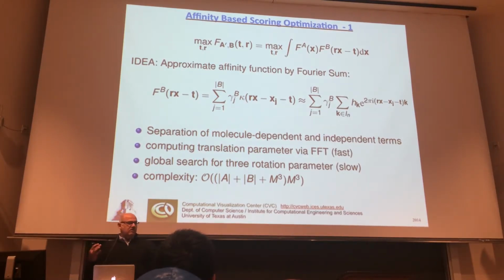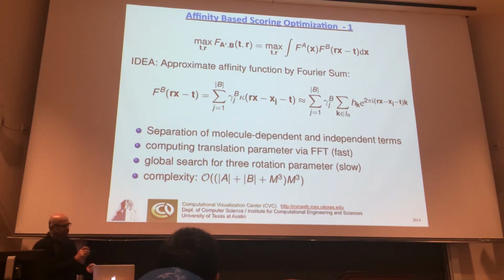I have 3 dimensions of translation and 3 dimensions of rotation. They're different parameters. So when I express my Fourier convolution integral in Fourier basis, I have to choose the right basis. So suppose I take translations, then I have 3 degrees of freedom there. Suppose I take rotations, I have 3 degrees of freedom there. So I have to make a choice. I can't do both simultaneously.